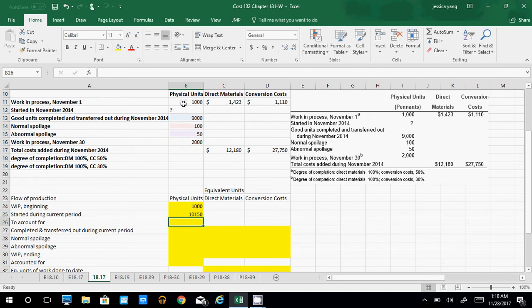Which gives us a total of 10,150 units started during the current period in physical units.